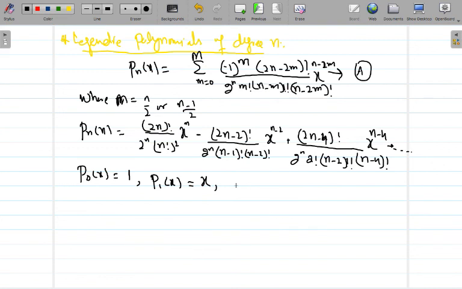For n is equal to 2, putting the values of n in this series, we get 1 by 2 (3x square minus 1).